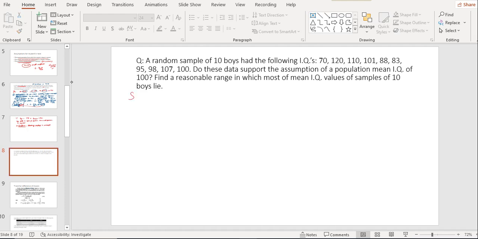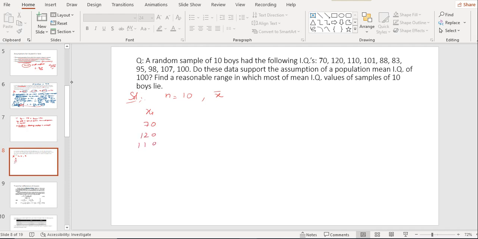So in this particular case, we are given data of 10 students and their IQs. The sample mean is not given, we are given the values of xi. So with the help of these values we need to first calculate the sample mean.